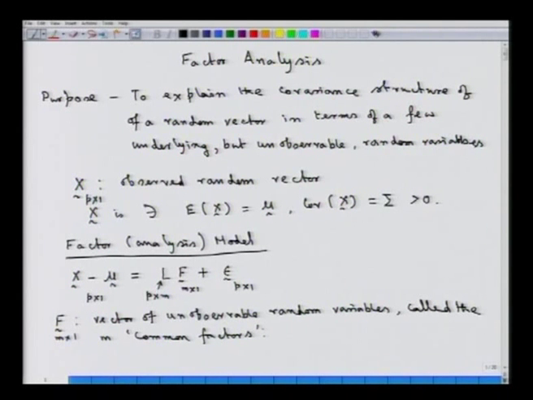We will later put some assumptions on this f vector in order to quantify what sort of random variable it is. The second thing is epsilon, which is p by 1. The m common factors in f are common to each component of the original p-dimensional random vector x. Epsilon, this p-dimensional vector, are called specific factors.